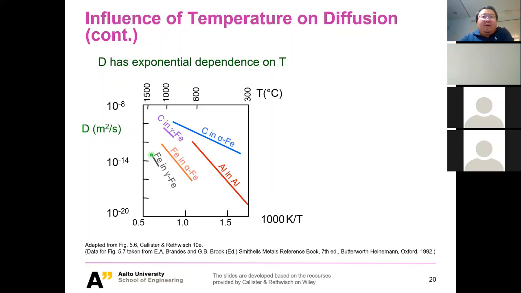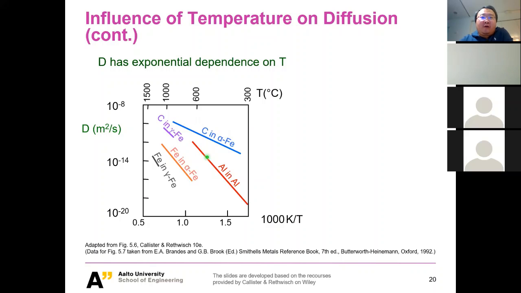The final diagram I want to show you before we go to break is here. This is what people measured: the diffusion coefficient with respect to 1 over T, of course. You can see carbon in alpha ferrite. Alpha iron is ferrite; you will learn what that is.